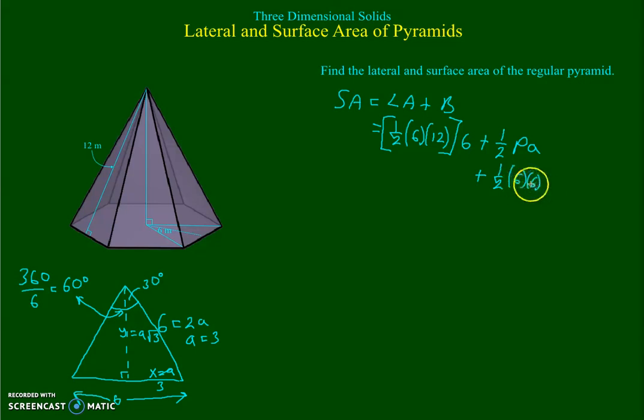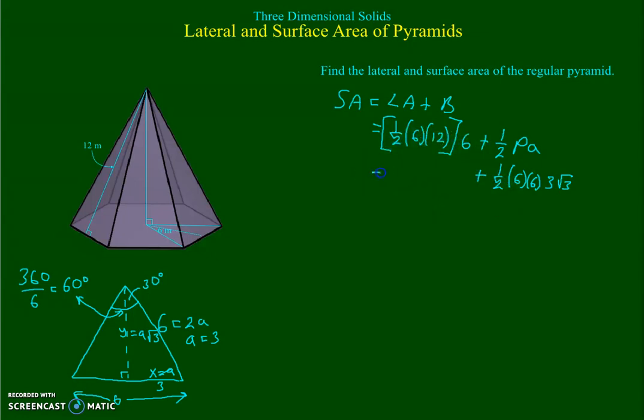So that was the base and 6 of them. And times our apothem. And our apothem is A square roots of 3. A is 3. So this would be 3 square roots of 3. That would be the length of our apothem here. Now that's all we have to do is plug these into our calculator and we have our values.